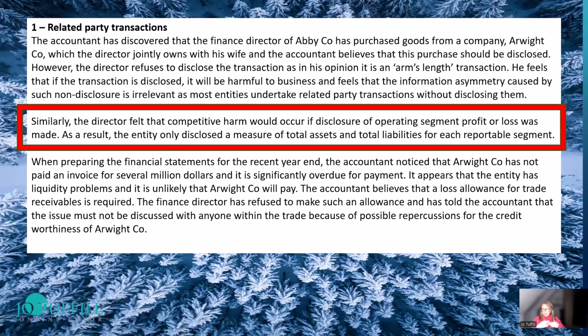Right, well, if you haven't studied segmental reporting, which is about reporting your operating segments, then you might find this difficult. But you could hazard a guess at what's going on here. They haven't disclosed it, and therefore you could pretty much say that they should disclose it. And therefore, that is the principle, the issue, and the conclusion.